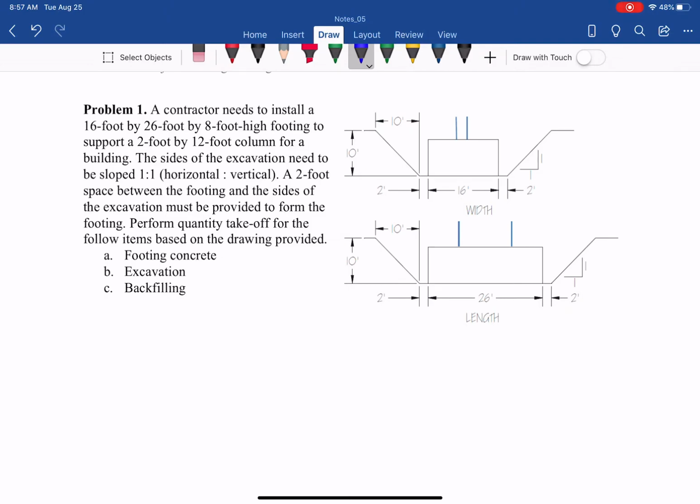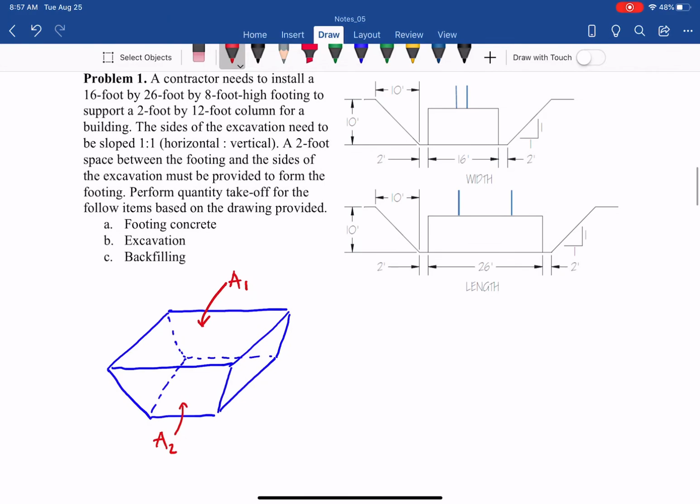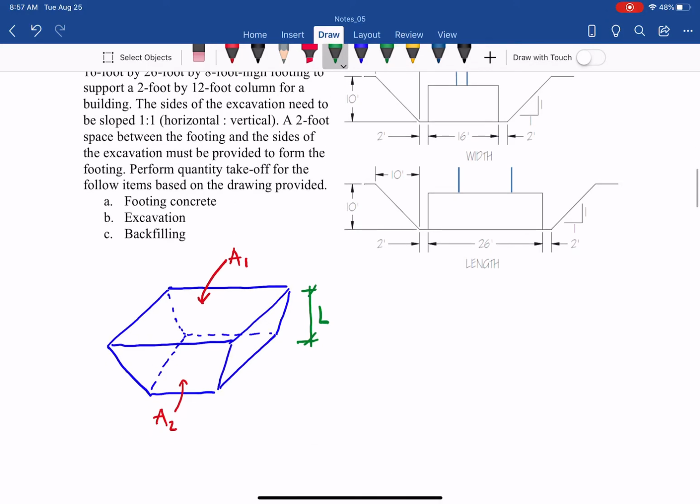If we have a shape like this in 3D, and we define the top area as A1 and the bottom area as A2, and the height or the depth of the shape is L, then the equation we call the modified average end area method.